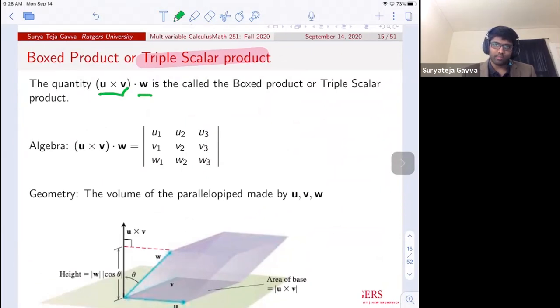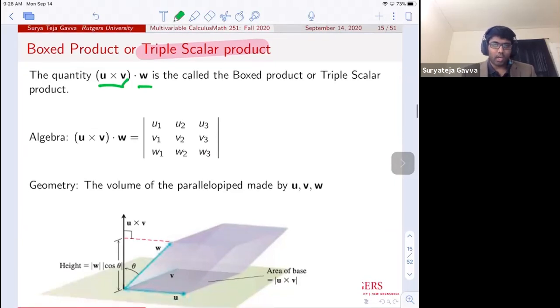That's called the box product. If you take u, v, and w, take the cross product of the first two quantities and dot it with the third quantity, that's the triple scalar product. So how do I compute it? I know how to compute u cross v, I know how to compute the dot product, and if I put them together, this will be the formula. Okay, so let's see how.